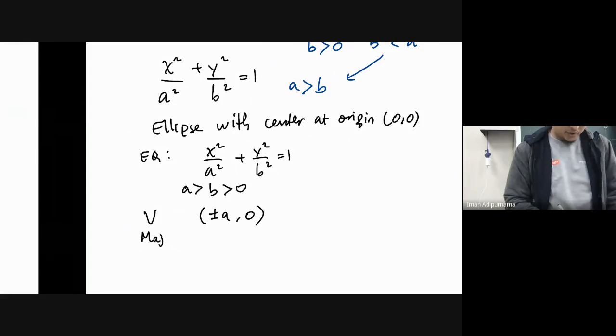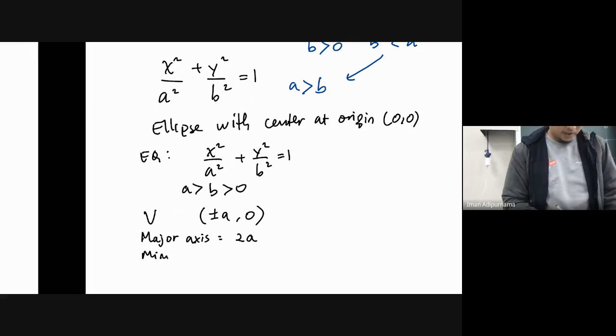The major axis length is 2A. The minor axis is 2B.